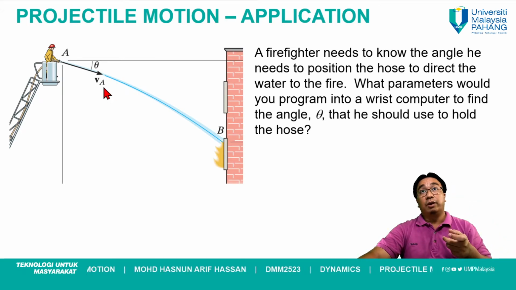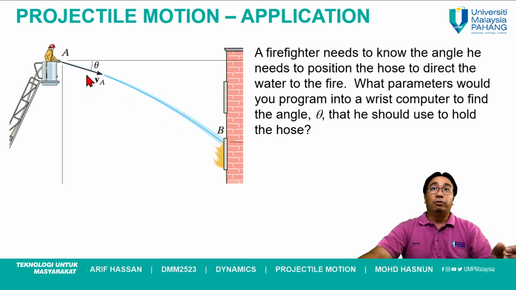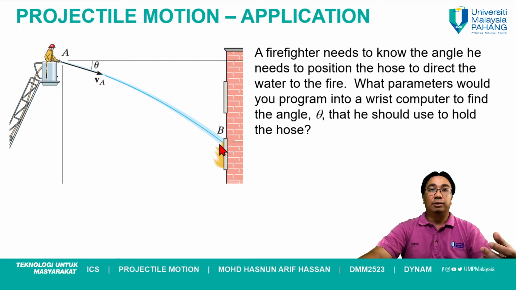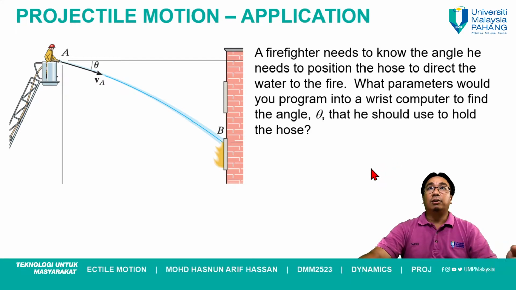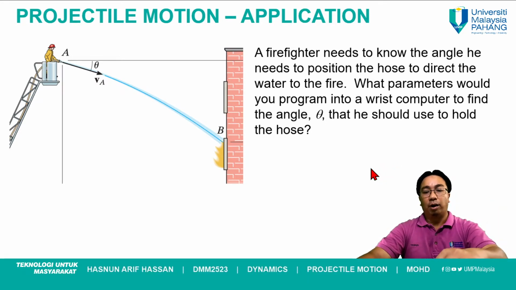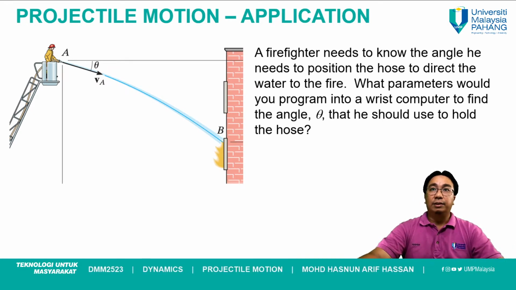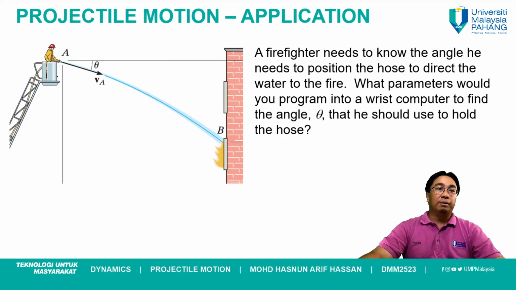Water punya velocity, output velocity tu kena sesuai in order for the water to go to the correct punya window lah yang mana ada fire ni. So these are all the application of projectile motion. Okay, throughout kita punya daily activities nanti you akan jumpa banyak benda yang melibatkan projectile motion.